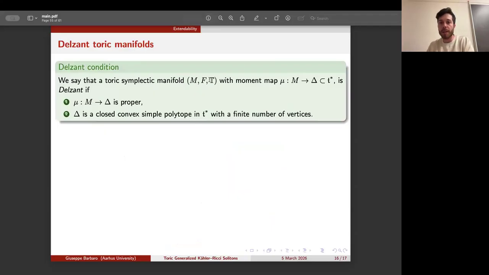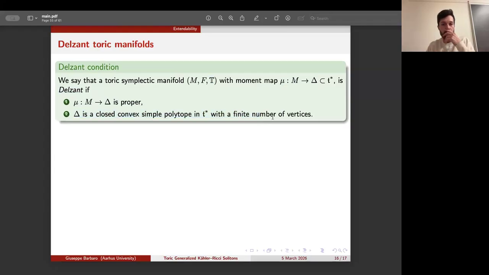We want our symmetry to be a compact torus T. And we will have this moment map, and we say that we are satisfying the Delzant conditions if the moment map is proper and the polytope is a convex simple polytope.